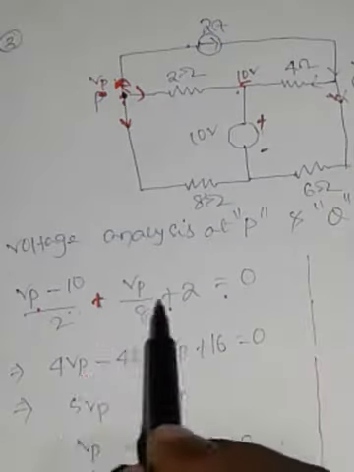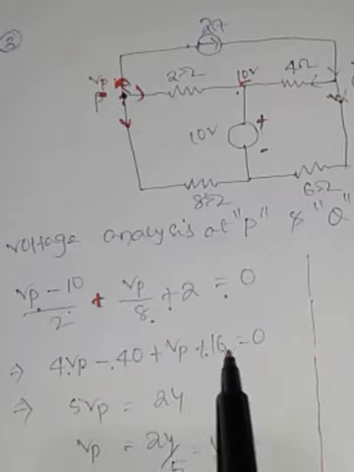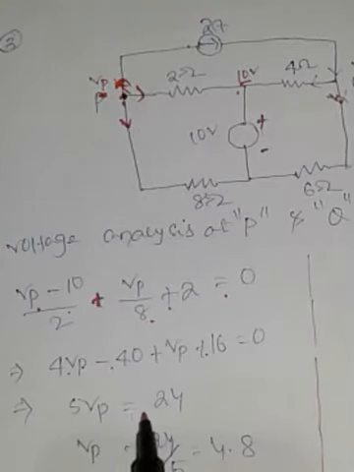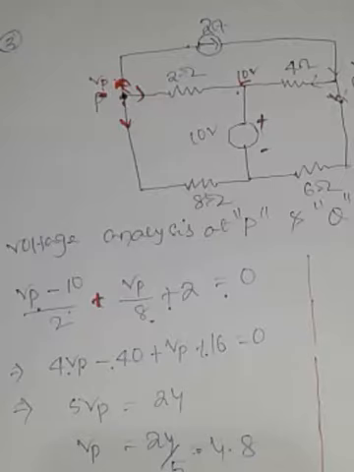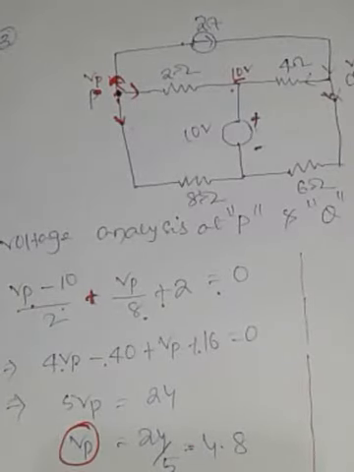Simplifying, 4VP minus 40 plus VP plus 16 is equal to 0, so 5VP is equal to 24. VP is equal to 24 by 5, which is equal to 4.8 volt. So the potential at point P is 4.8 volt.